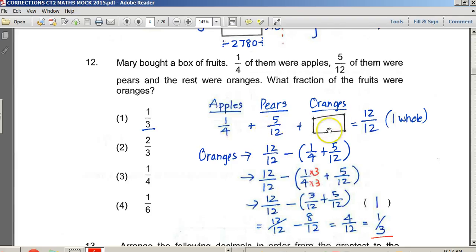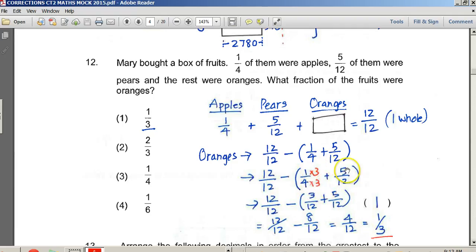To find out the fraction of oranges, you lay it out this way. Apple plus pear plus oranges gives you 1 whole. If you see the bottom, the common denominator, you make it 12. Therefore, you take 1 whole, take away the fraction for apple and pear. You should get the answer.